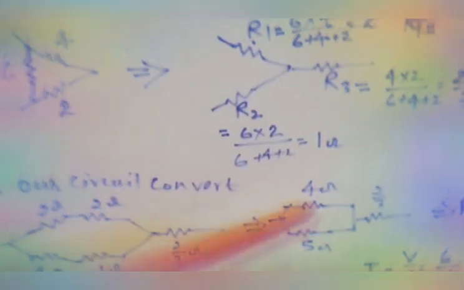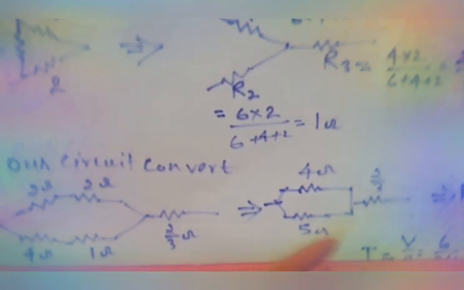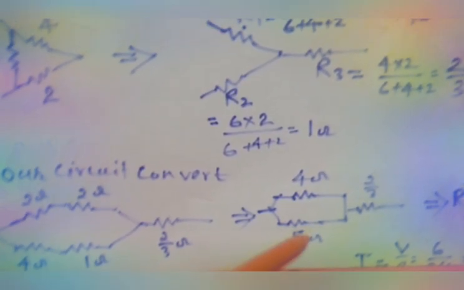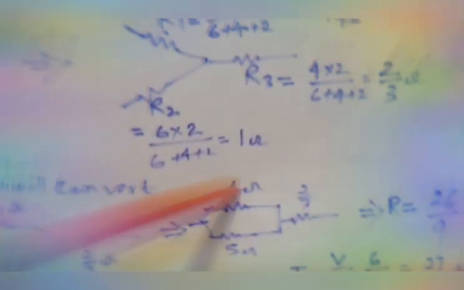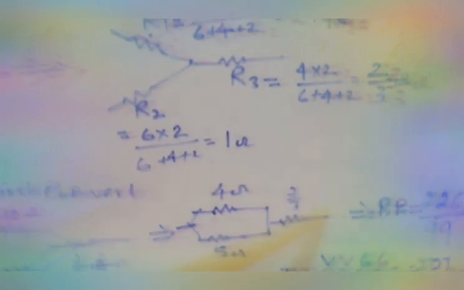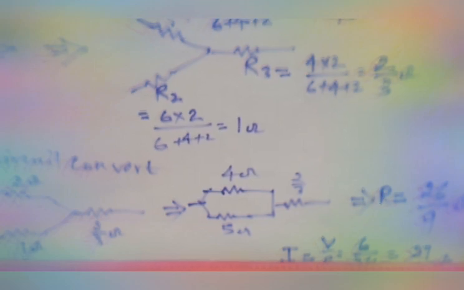Now 2 and 2 ohm becomes 4 ohm, and 4 ohm and 1 ohm in the lower branch becomes 5 ohm, because these are in series. Now we can very simply find the equivalent resistance by putting these two in parallel, and then 2 by 3 in series, which gives us an equivalent resistance of 26 by 9.